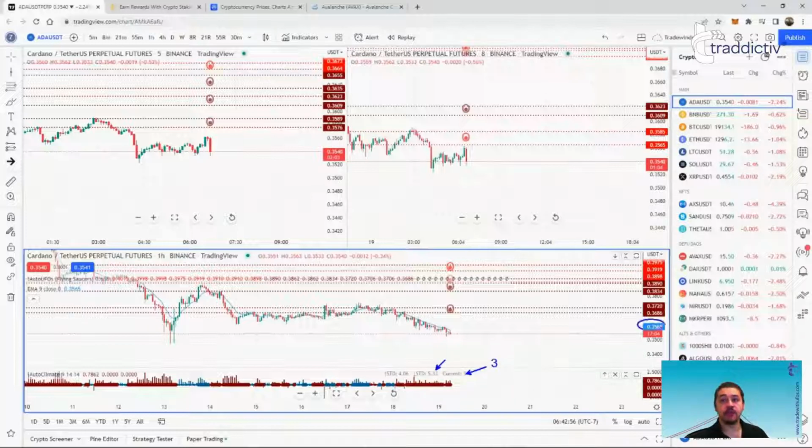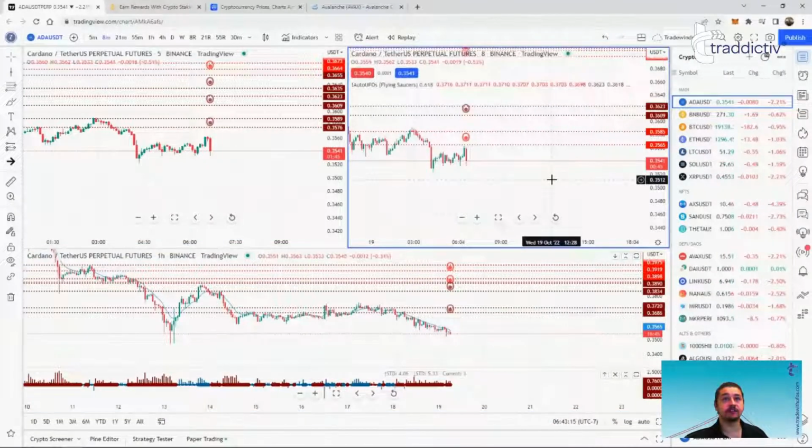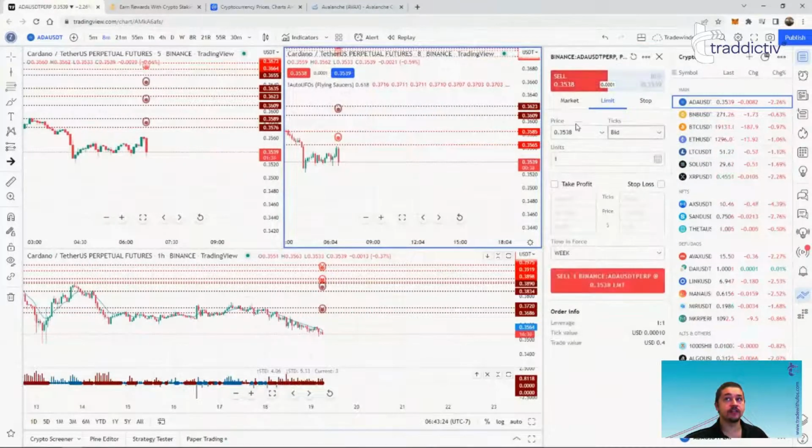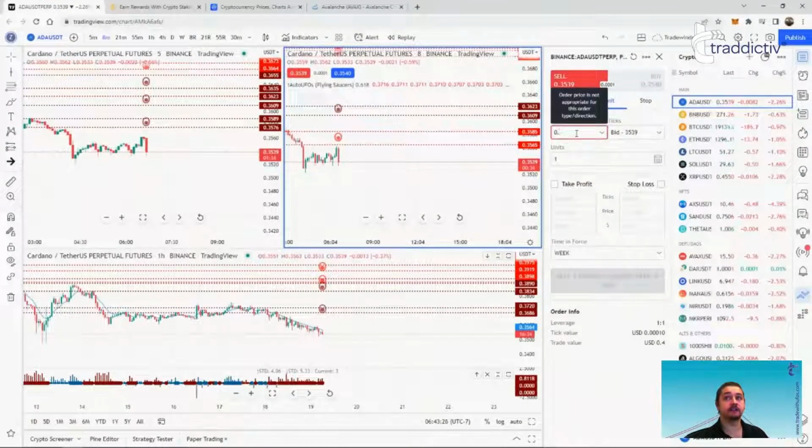Current moving average at 35.65, and lo and behold, there's a UFO right at that exact number. So that's a perfect, quick trade setup we are going to execute on. So we're going to sell at 35.65.